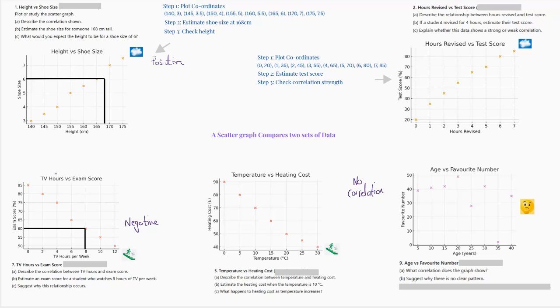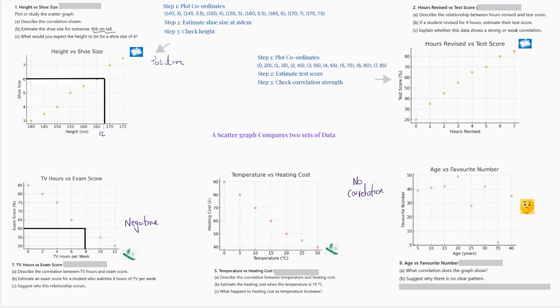Now we're looking at estimating the shoe size for someone who is 168 centimetres tall. Once again, I've done this for you. So let's go along the bottom. The height is 168 centimetres tall. So let's go along. This is our 168.